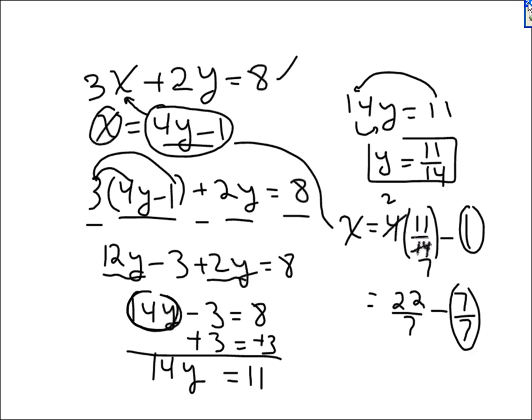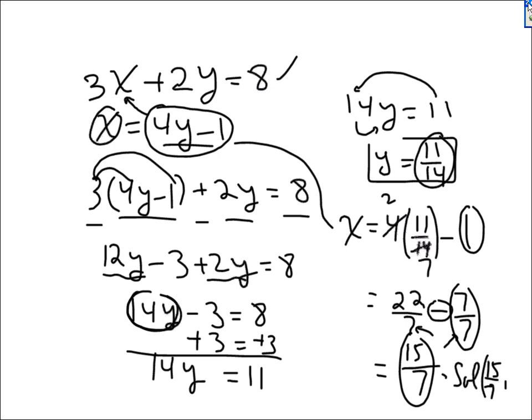One, it is equal to 1, and two, I want the denominators to be the same in my subtraction. So the bottom stays the same, and 22 minus 7 is 15. So the solution is x, which is 15 over 7, comma y, which was 11 over 14.